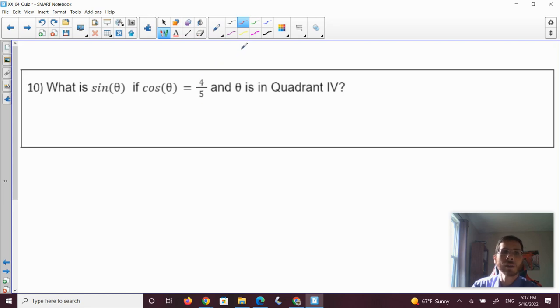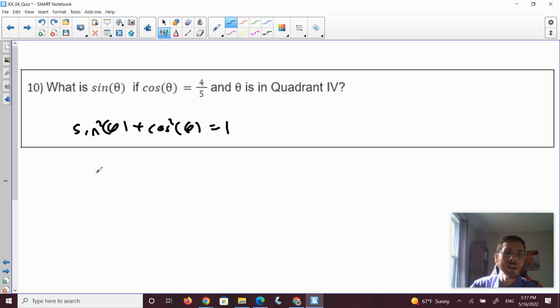Number 10, what is sine of theta if cosine theta is 4/5 and theta is in quadrant 4? So this deals with the idea that sine squared of theta plus cosine squared of theta equals 1.